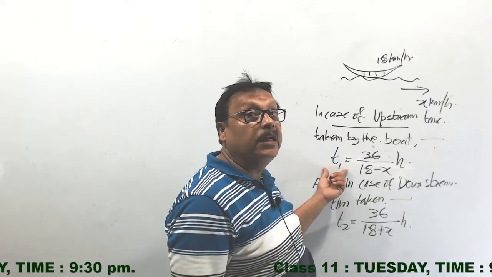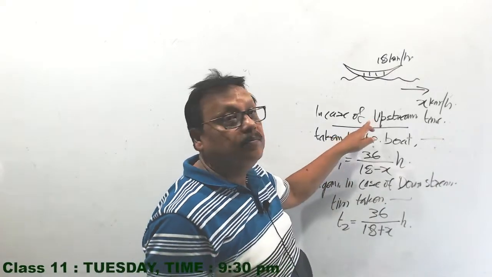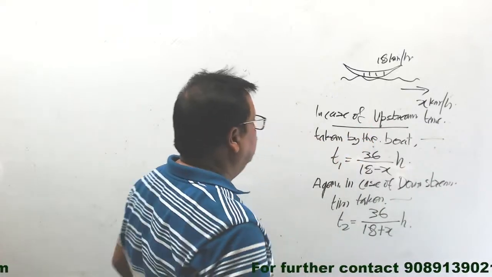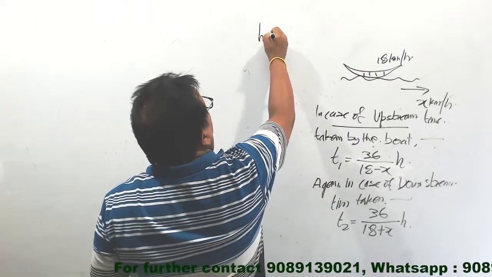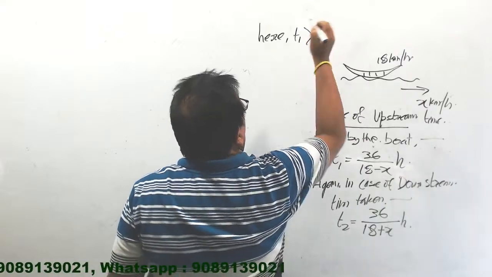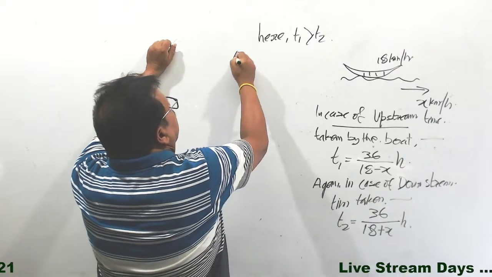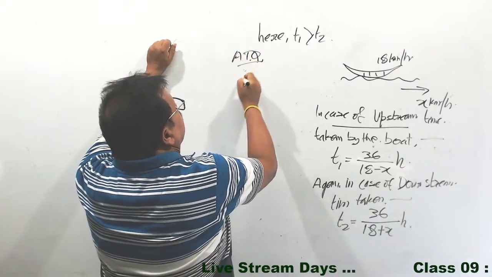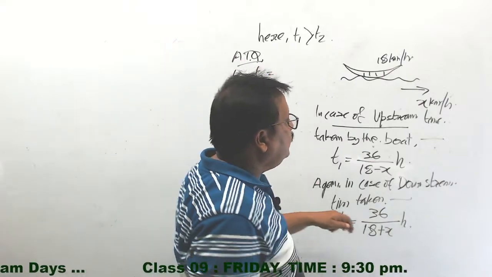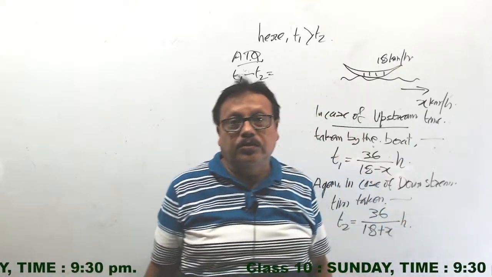Of course, t1 is greater, isn't it? t1 is greater since in case of upstream, more time will be taken. t1 greater than t2. So according to the question, you can write t1 minus t2 is equal to what?